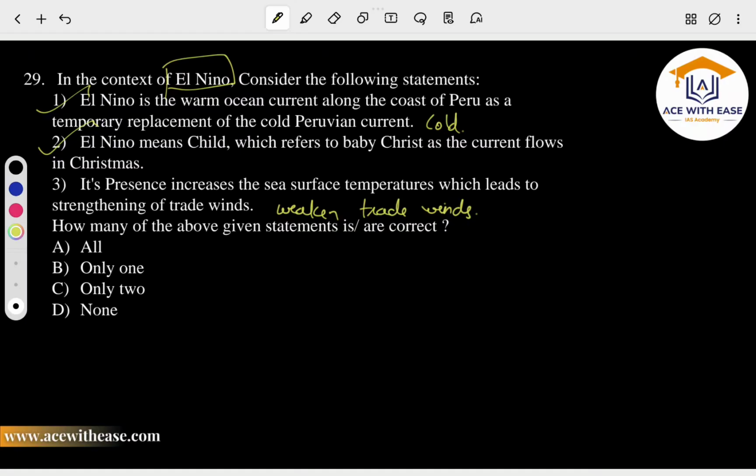The warm sea surfaces in the Central and Pacific Ocean disrupt the patterns and weaken the wind directions. So the third statement is wrong. The first statement is correct, and we have the second statement correct, so two statements are correct.